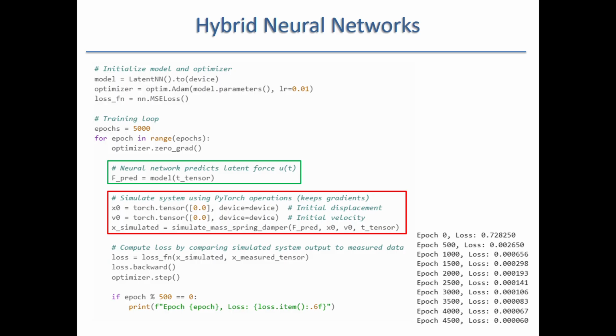So as long as you have a system whose physics you understand, you can combine the capacity of the neural networks to learn functions with the capacity of the differential equations to predict how a system under some forces or some functions will behave. So this can be a very powerful combination.